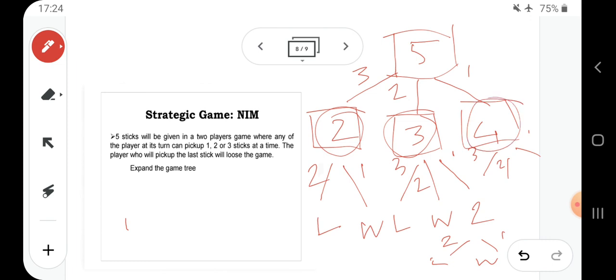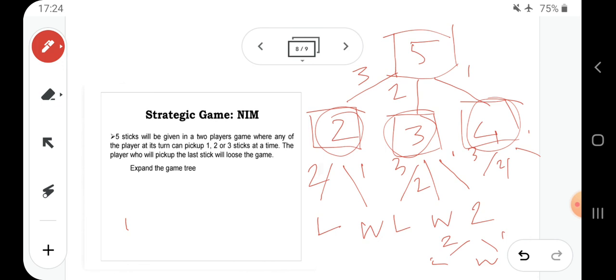And from the bottom level, accordingly, by applying the minimax strategy, you need to find which player can win the game. So try to expand the game of NIM in two different ways and try to check whether you can reason out the particular policies.